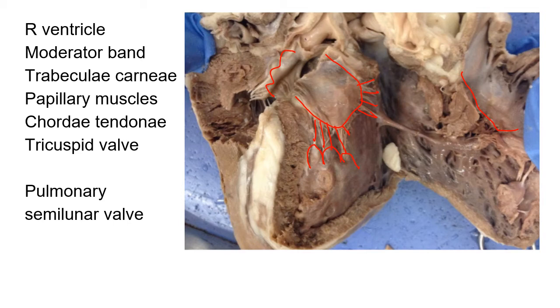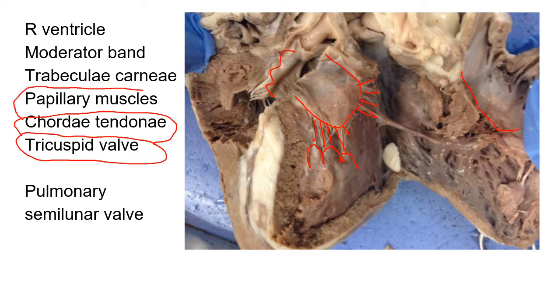Now in the right ventricle, this flap is the tricuspid valve. Those strings are the chordae tendineae, and they are attached to the papillary muscles. Now we've talked a lot in class about functionality of these things. The valve itself closes the orifice to prevent backflow of blood from the right ventricle backwards into the atrium.